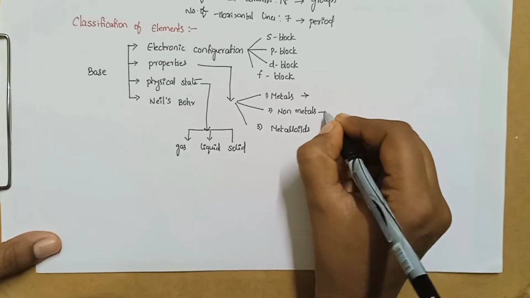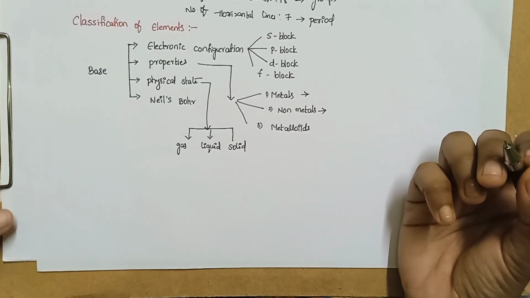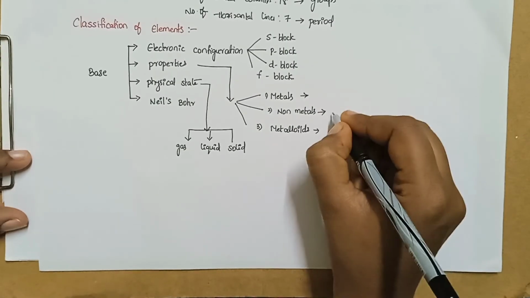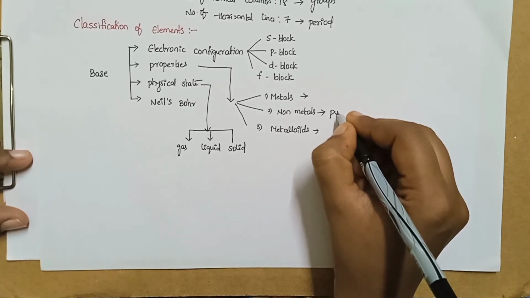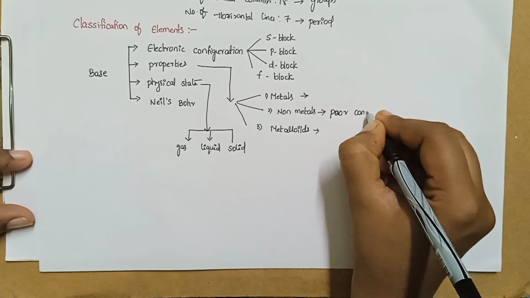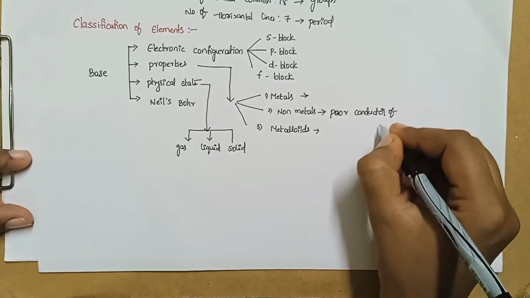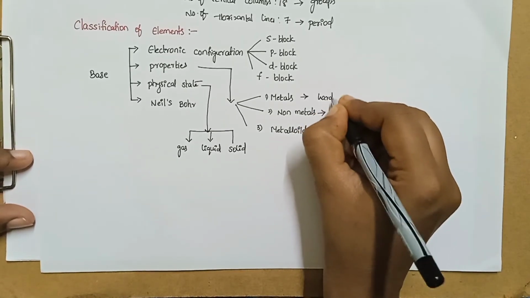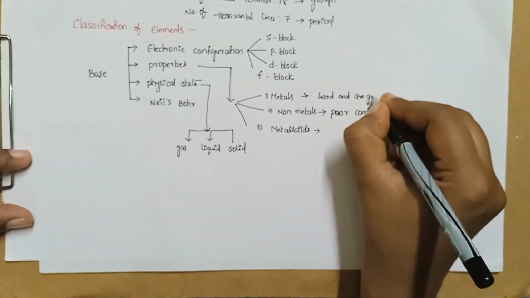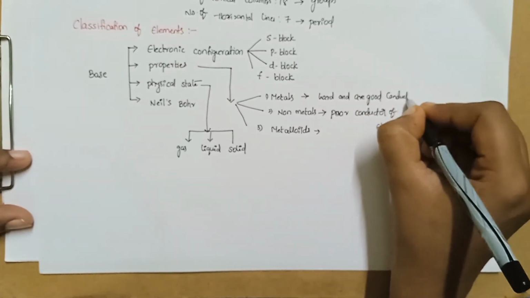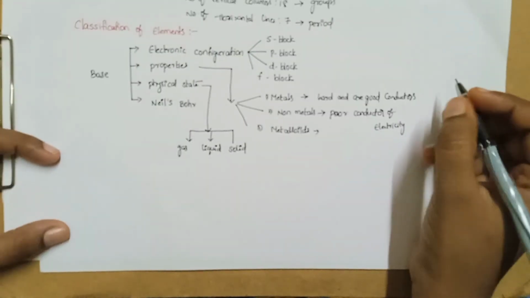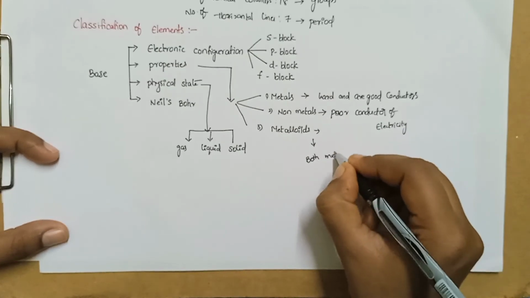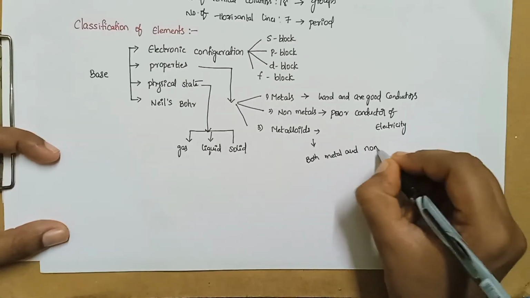What is a non-metal? Elements that are poor conductors of electricity are known as non-metals. What are metalloids? They act as both metal and non-metal.